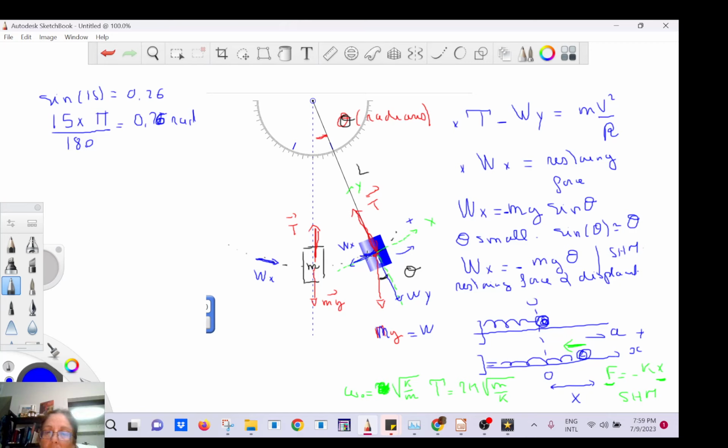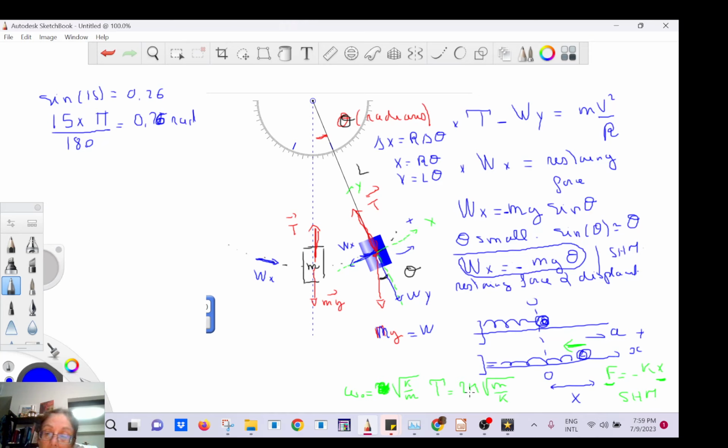If we take a small delta x, we can say that delta x equals r delta theta, or x equals L theta. So you go from angular to linear. That is the proof that a pendulum can be approximated as a simple harmonic oscillator, okay?